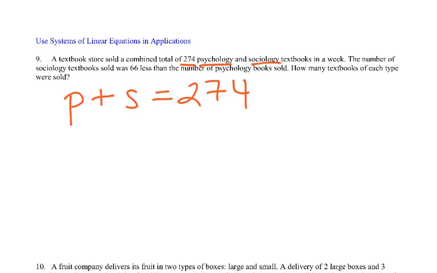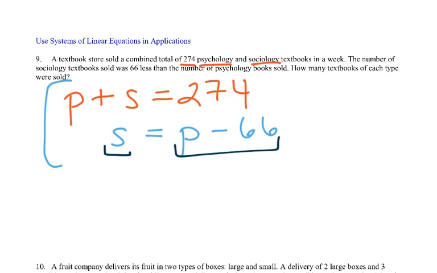The number of sociology books was 66 less than the number of psychology books. So sociology books equals the number of psychology books, taking away 66 of those. Okay, so now I have my two equations in my system. I'm going to solve them. This one I should solve using substitution because we have S equals P minus 66.